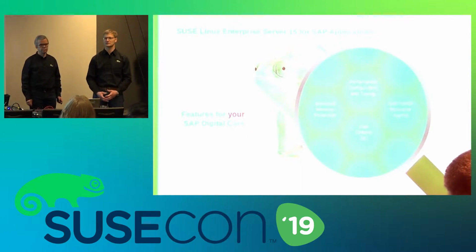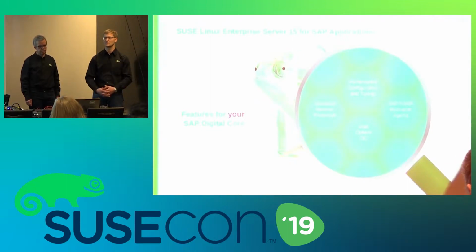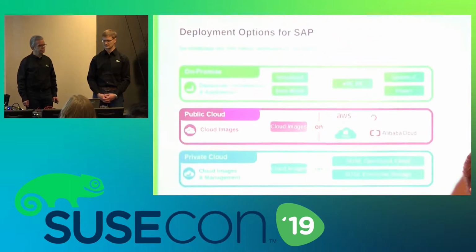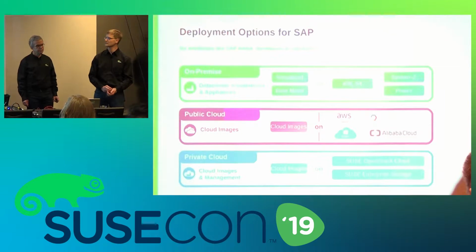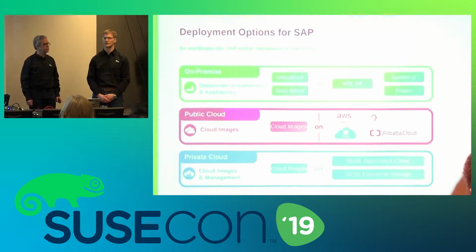So for SUSE Linux Enterprise Server for SAP Applications 15, we still have new innovations which will help you to run your SAP workloads much more reliably. As you can see, we are able to support multiple environments.